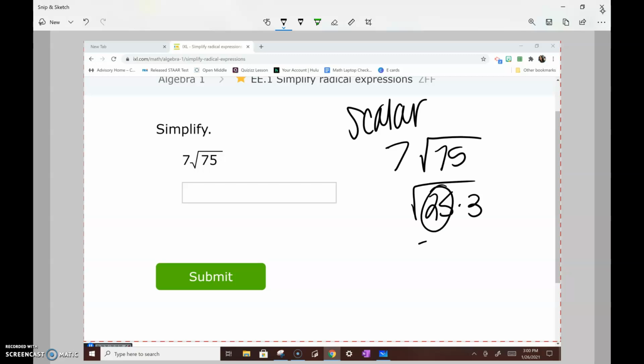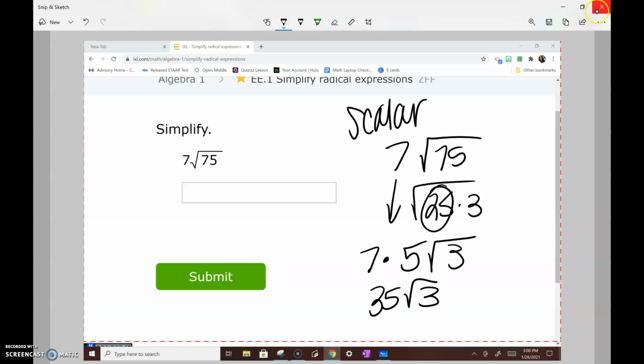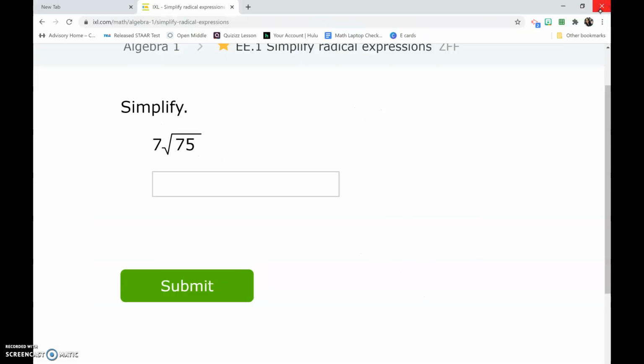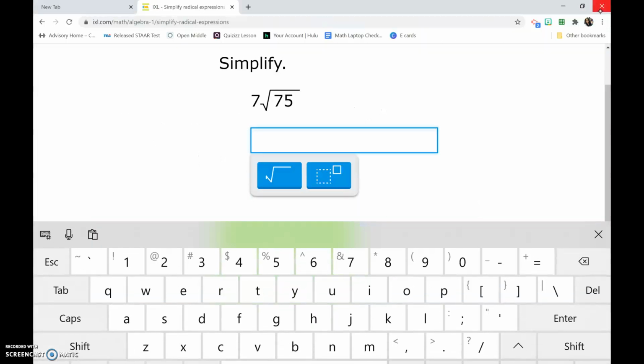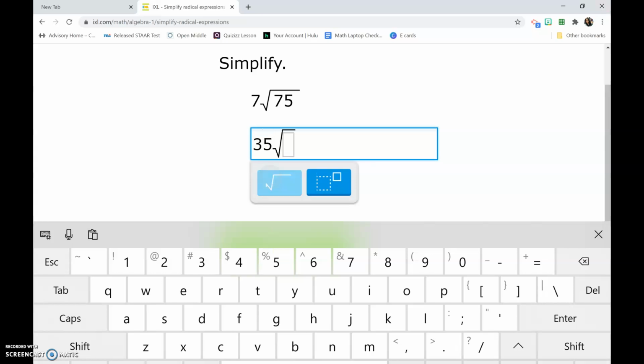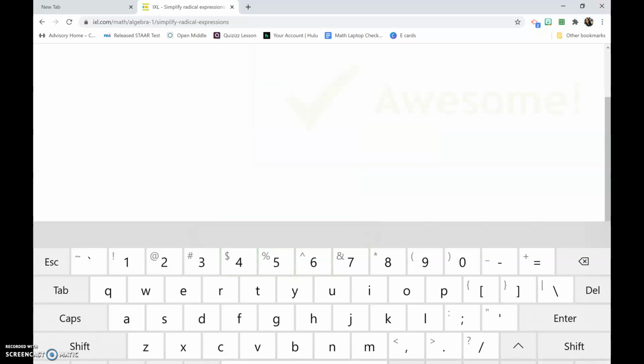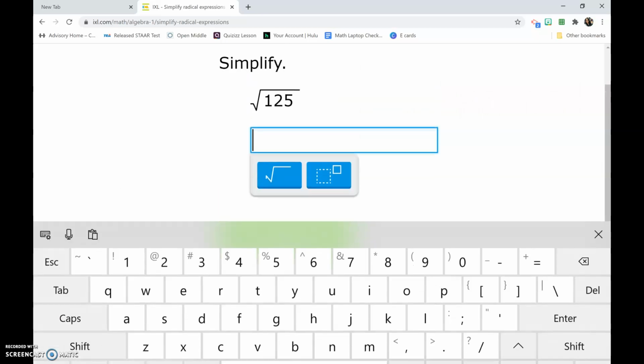We brought out 5 and we're going to leave in the 3 on the inside. So I'm going to bring down 7. Then the number I bring down, I'm just going to multiply. So this will be 35 square root 3. Let's go back and see if we got it right. And we got it right.